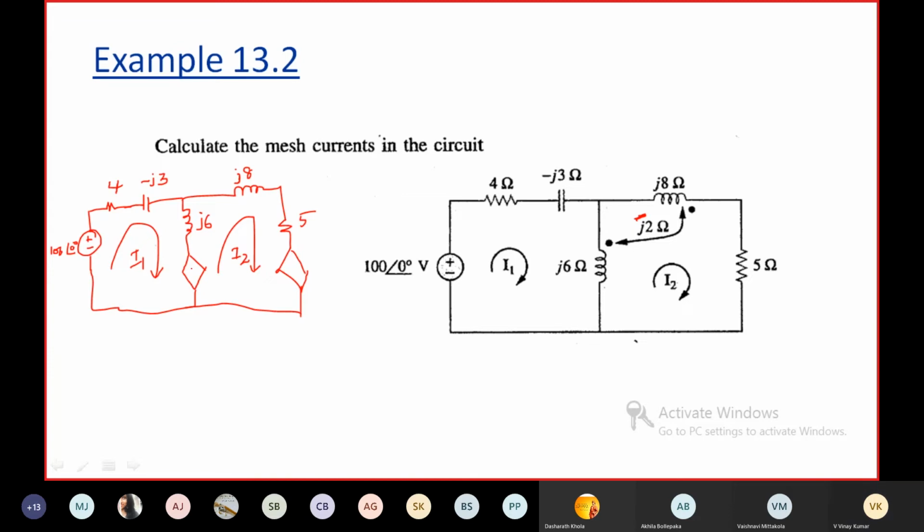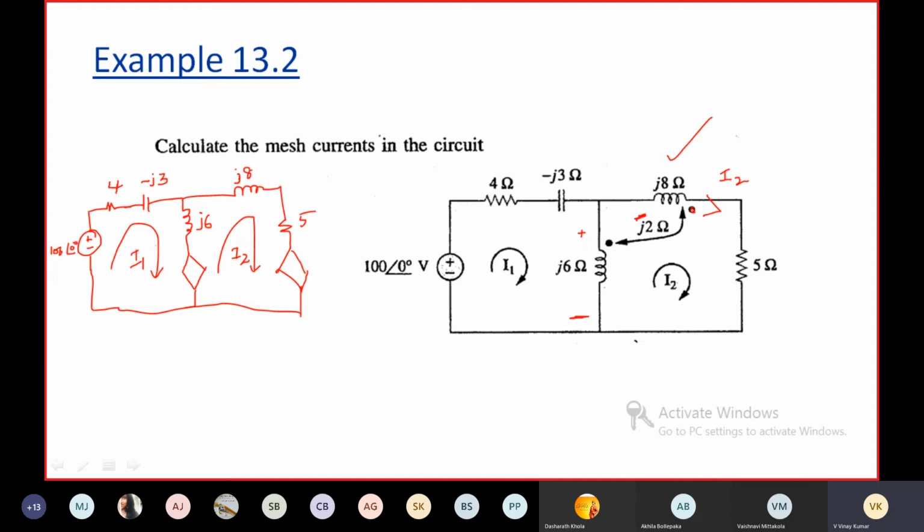So here, let me find the polarity of the mutual induced EMF in this coil. See how you are collecting voltage at this point with respect to this point. You are going to find the mutual induced EMF across this coil. What is the current flowing through this? I2 is the current flowing through this.